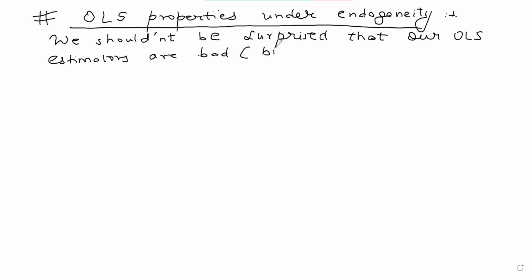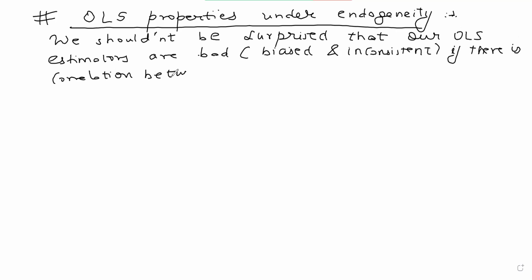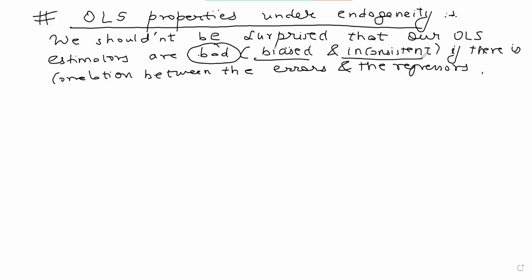Bad means they're actually biased and inconsistent if there is correlation between the errors and the regressors. If the situation of endogeneity arises, if the error term tends to be correlated with the regressors, our OLS estimators will be bad. Bad means they are going to be biased and they are going to be inconsistent.